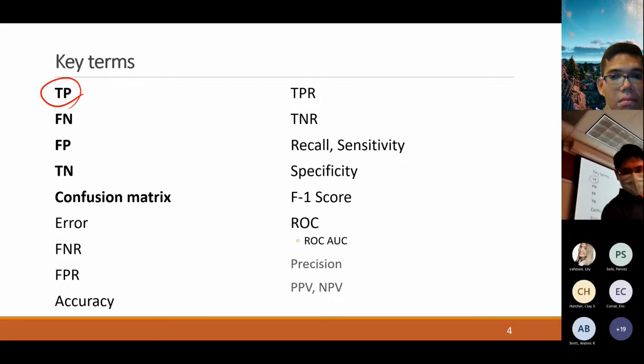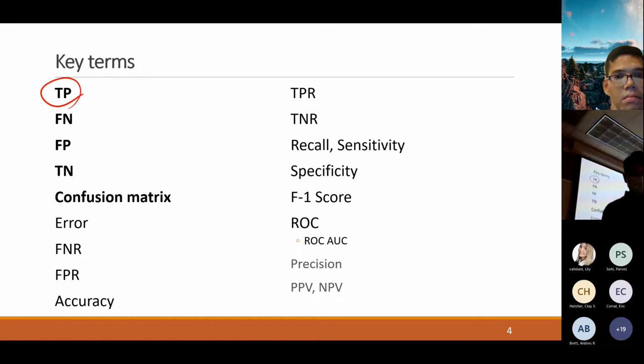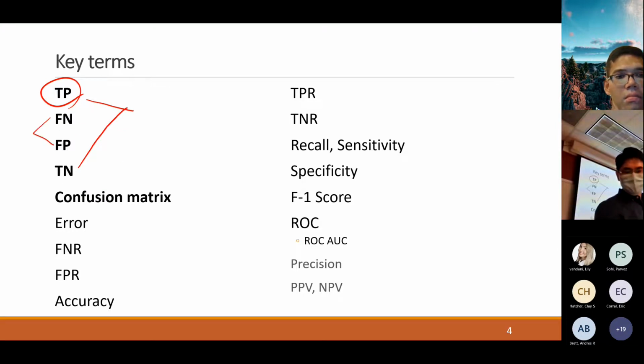Yeah, go ahead. So true positive means we predict the target variable in the correct way. For example, the actual result is positive, and we predicted positive.